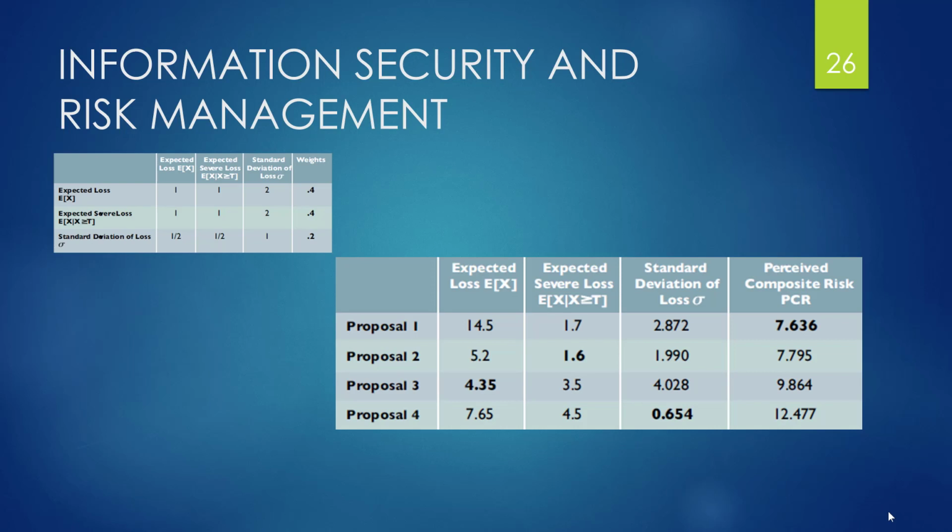It's calculating out those values based on an intermediate table that you can look at in the paper, and you can see the perceived composite risk associated with each of these approaches, with the bold being the lowest value within that particular category.